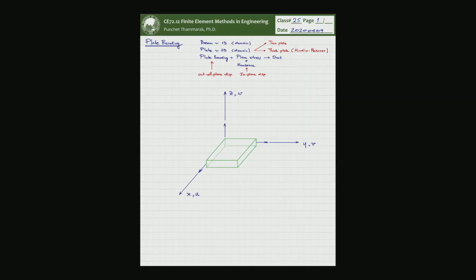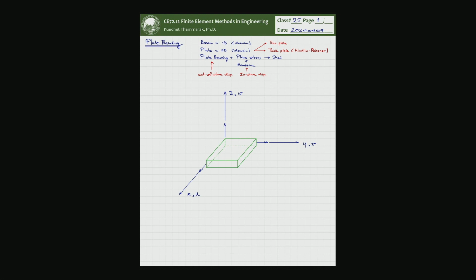You might wonder, I talk about plate bending, and right now we are talking about thick plate. I'm not going to incorporate the plane problem in this one yet, but you might wonder why u and v are in here.